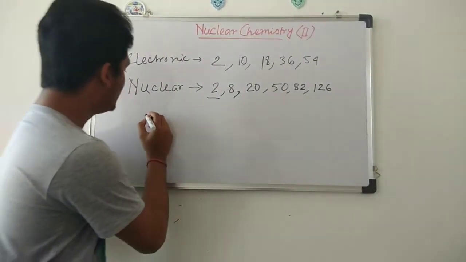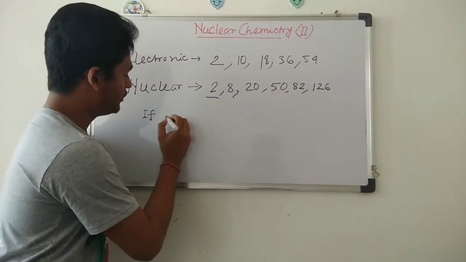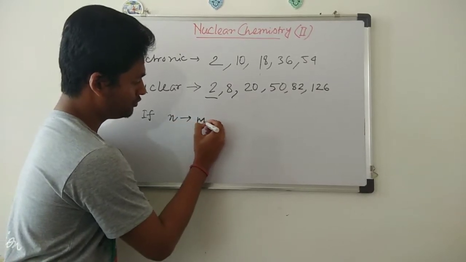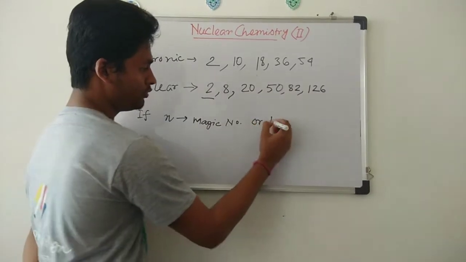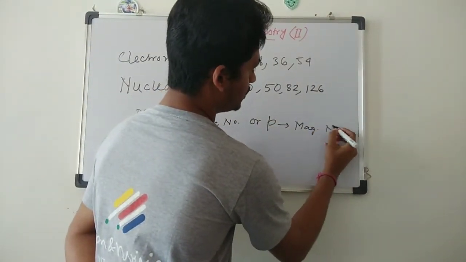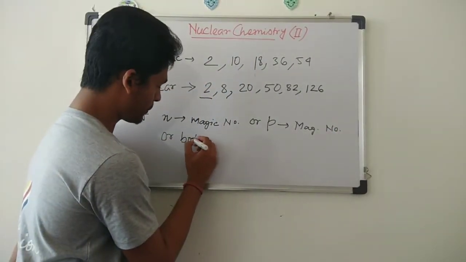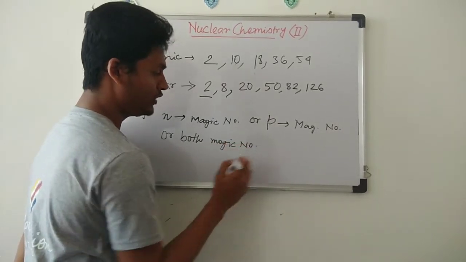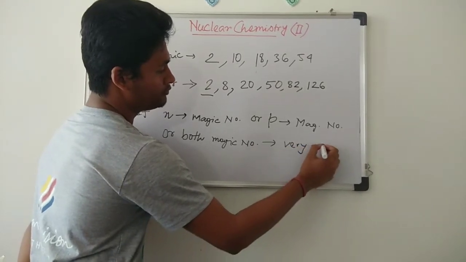So the thing is, if the neutron number is a magic number, or the proton number is a magic number, or both are magic numbers, then these are very stable.